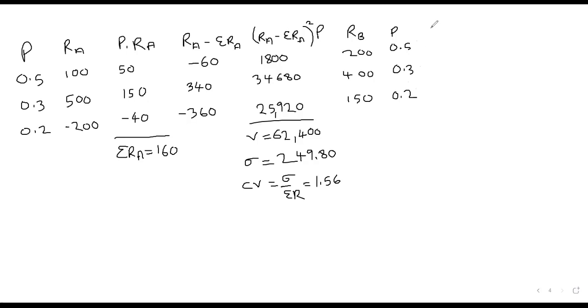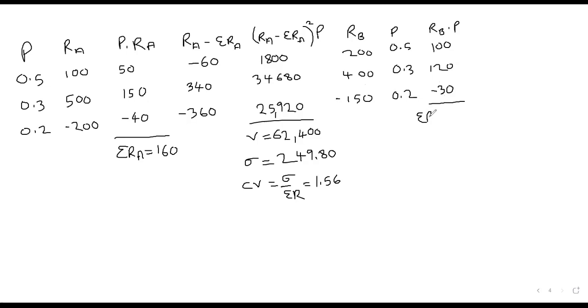What do we do? We multiply, correct? So what are we getting here? 100. 120. Negative 30, yes.